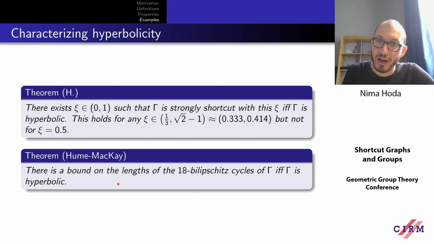So it's not exactly possible to convert between these numbers, because the proof characterizing strong shortcut in terms of K by Lipschitz cycles isn't perfectly numerical in that way. But yeah, so there are this pair of related ways of characterizing hyperbolicity.